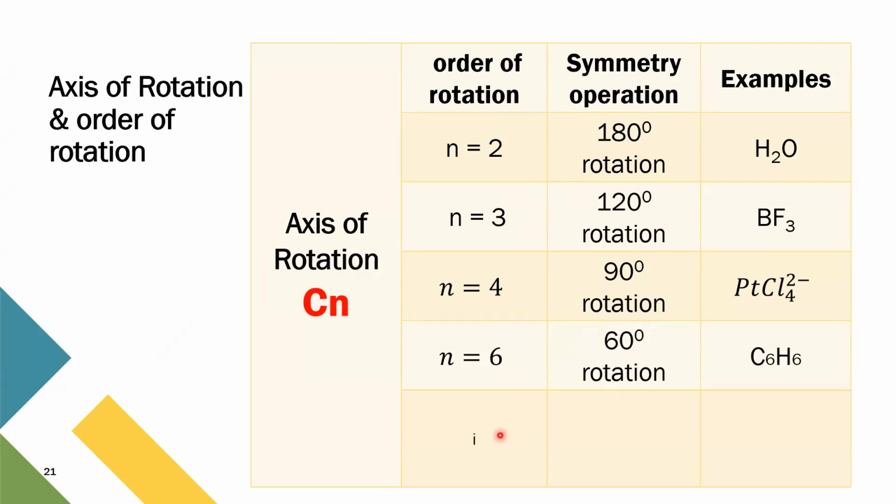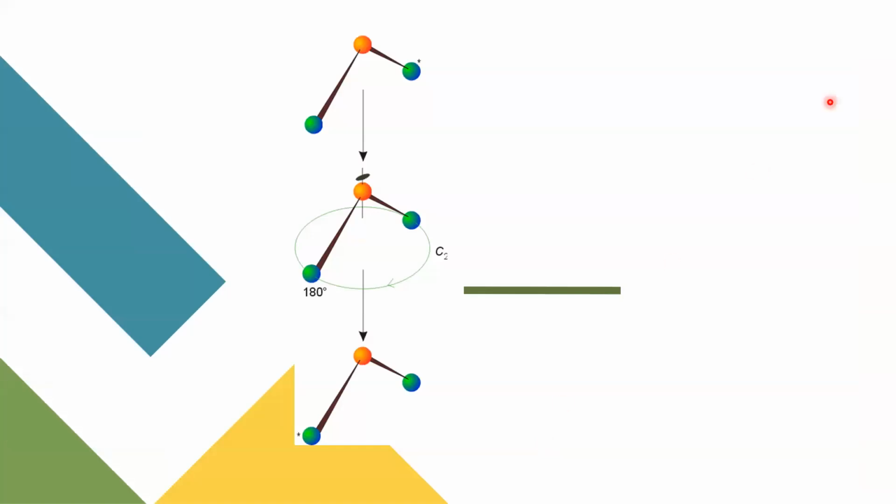Now, when n equals 5, what is the angle? 72. Very good. So here I have listed a few examples. We will go through them one by one.